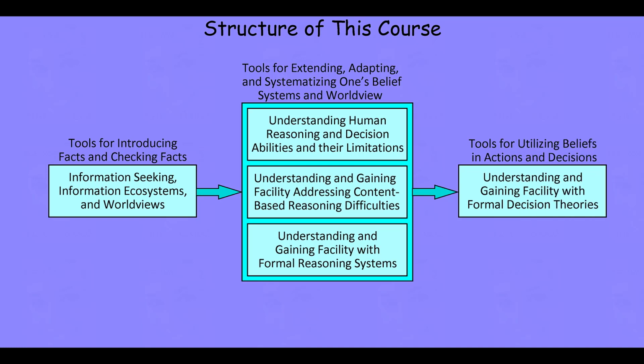And we never get to this, but ultimately what you really need to do is to then understand and gain facility with formal decision theories. That is, get some alternative methodologies for taking your worldviews, your values, the information that you have, and translating that into adaptive interactions, to proactive situations.